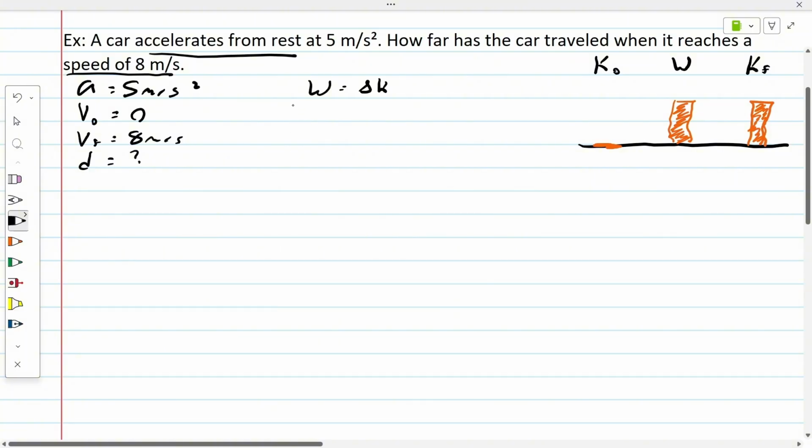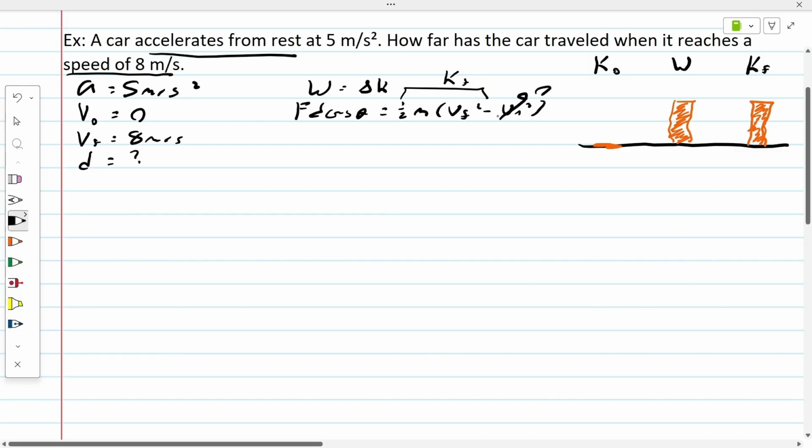When we write it out, we'll have the force times distance cosine theta equals 1/2 m (vf squared minus v naught squared). But this v naught goes to 0, so this component is just the final kinetic energy. So we could use this graph to immediately go to work equals K final.